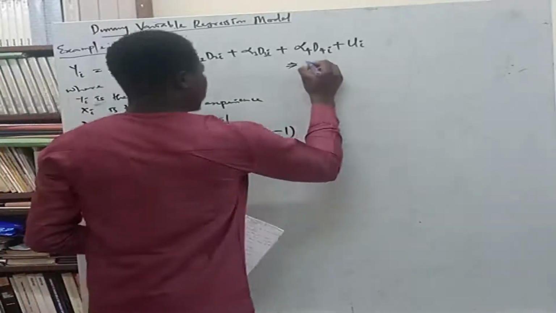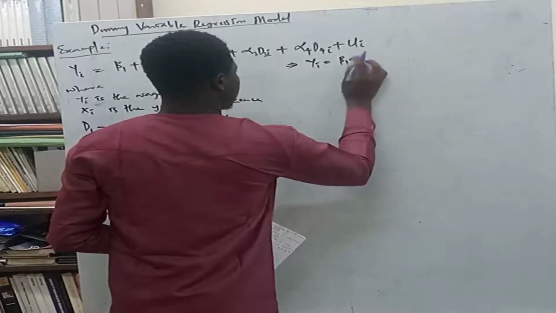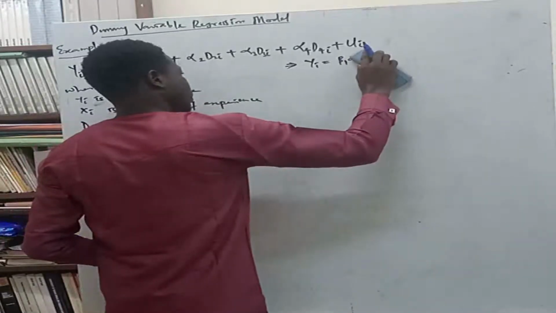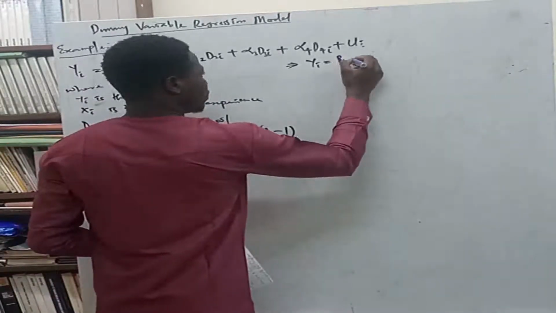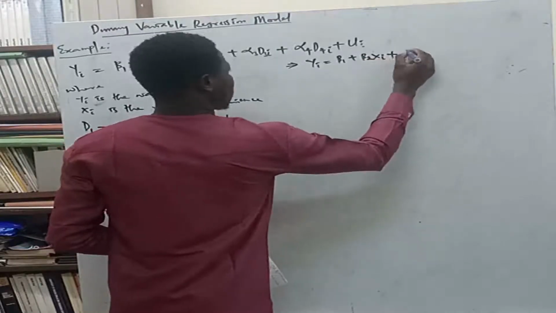So we have our regression equation to be beta 1 plus beta 2 x plus alpha 2 D2 and so on.